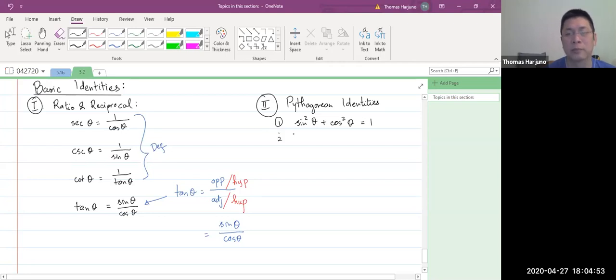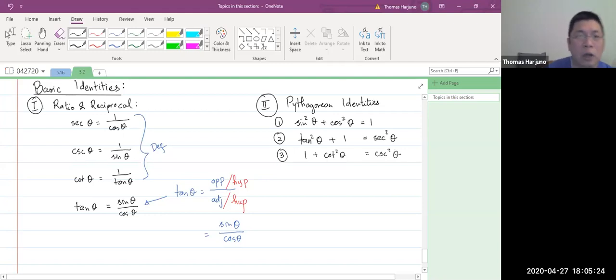Second, tangent squared theta plus 1 equals secant squared theta. And the third one, 1 plus cotangent squared theta equals cosecant squared theta.